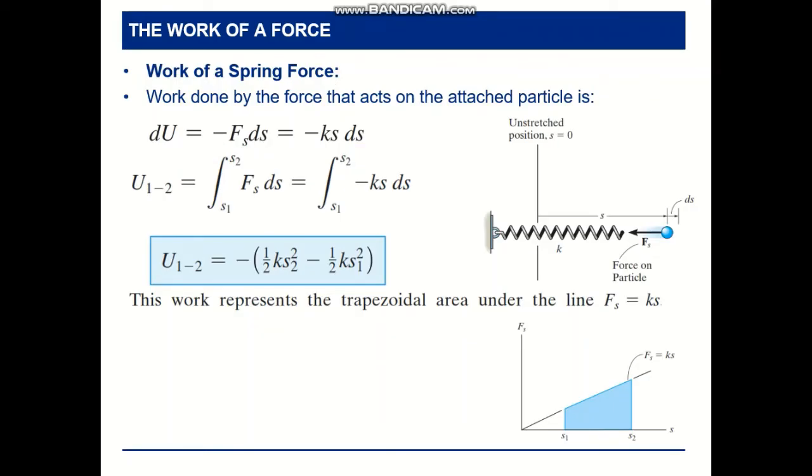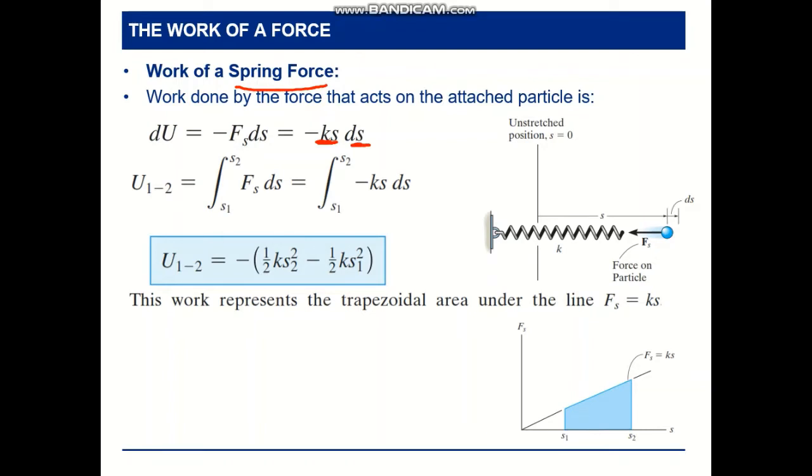If we want to calculate the work of a spring force, we know that the force of the spring is Ks, as you remember from our kinematics part, and also the force and acceleration part, where I gave you Kx, or Ks because we use the ds form.